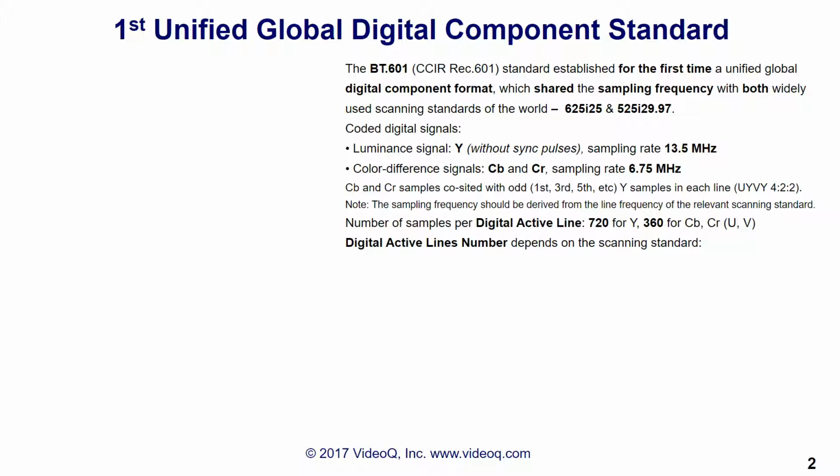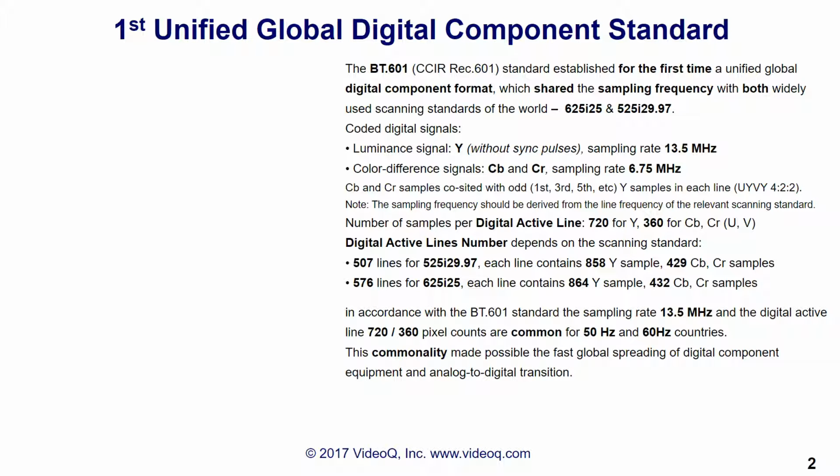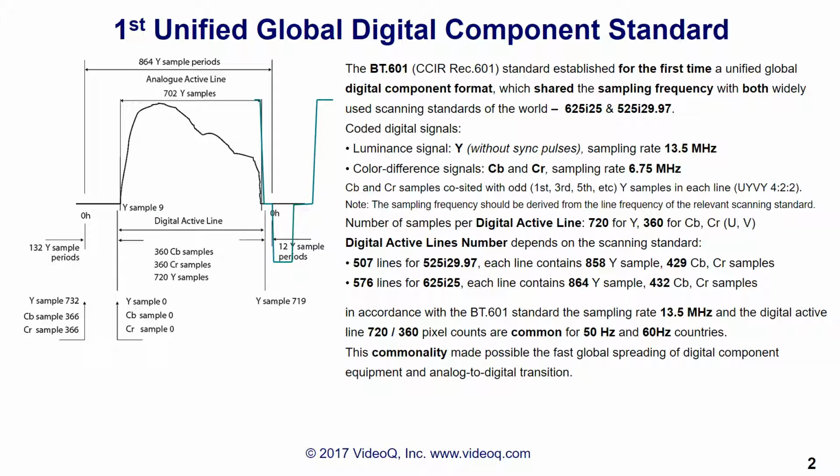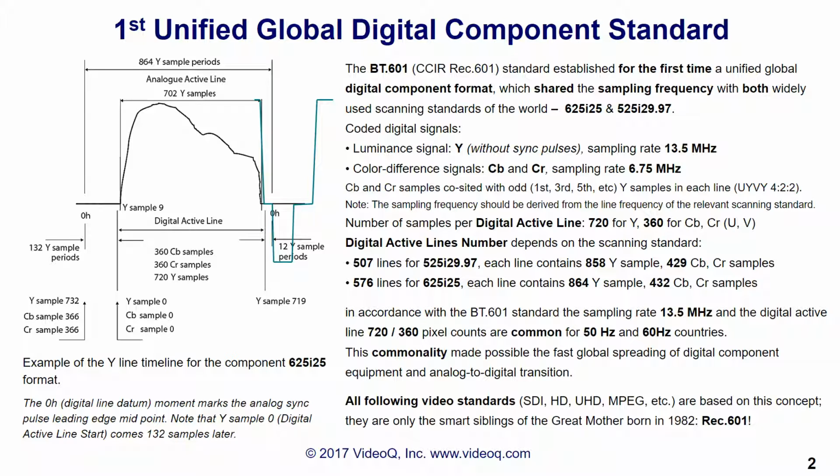In accordance with the BT601 standard, the sampling rate 13.5 MHz and the digital active line 720 luma/360 chroma pixel counts are common for 50 Hz and 60 Hz countries. This commonality made possible the fast global spreading of digital component equipment and the analog to digital transition. All following video standards, SDI, HD, UHD, MPEG, etc., are based on this concept. They are only the smart siblings of the great mother born in 1982, Rec 601.